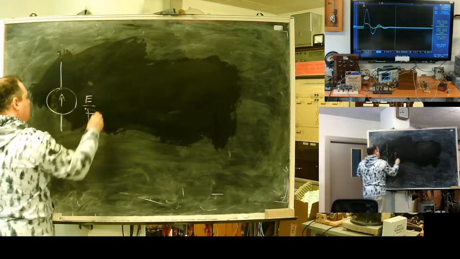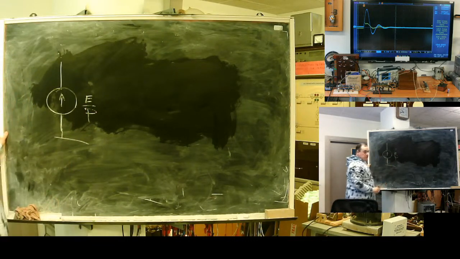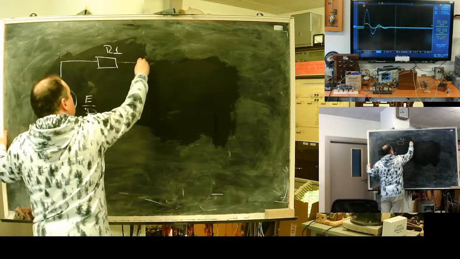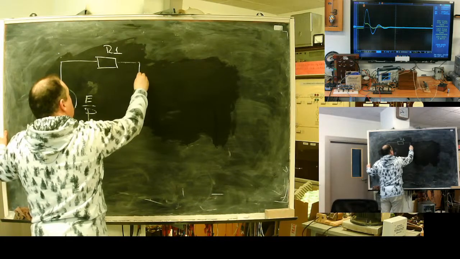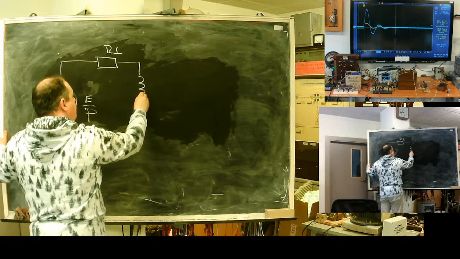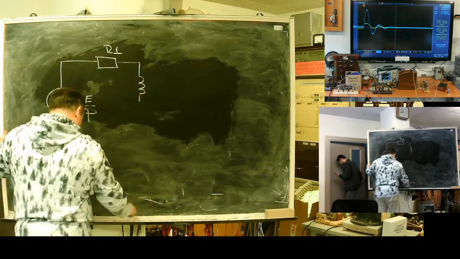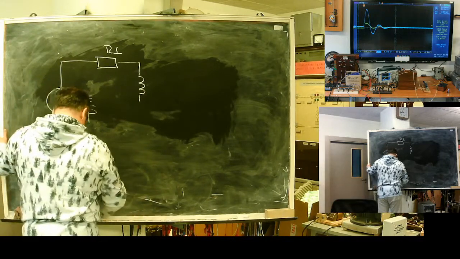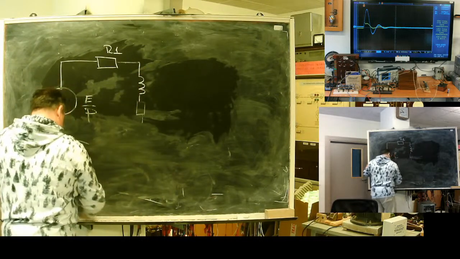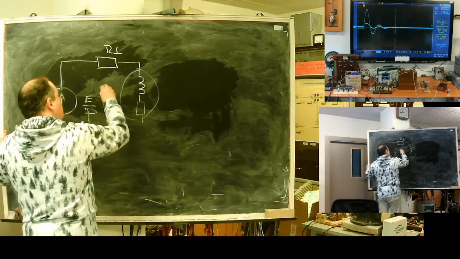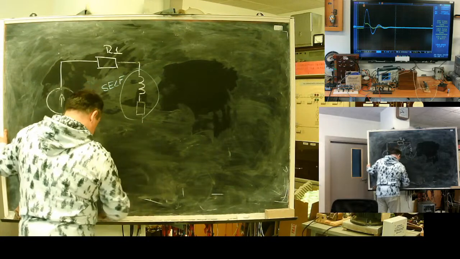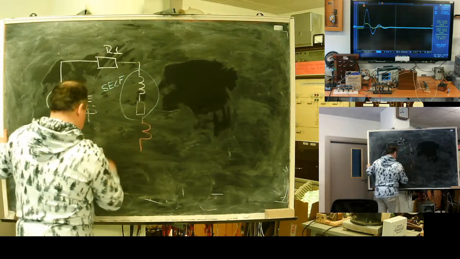E divided by p, it's a DC voltage. Coil. I will split a coil into, better say, three parts. The blue one is self-inductance, and the red one will be mutual.